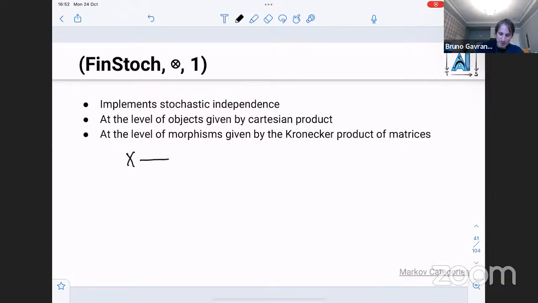So if I have two morphisms, let's say two Markov kernels, one from X to Y and another one from Z to W, I can form a composite morphism going from X times Z to Y times W. So on objects, I take the Cartesian product.